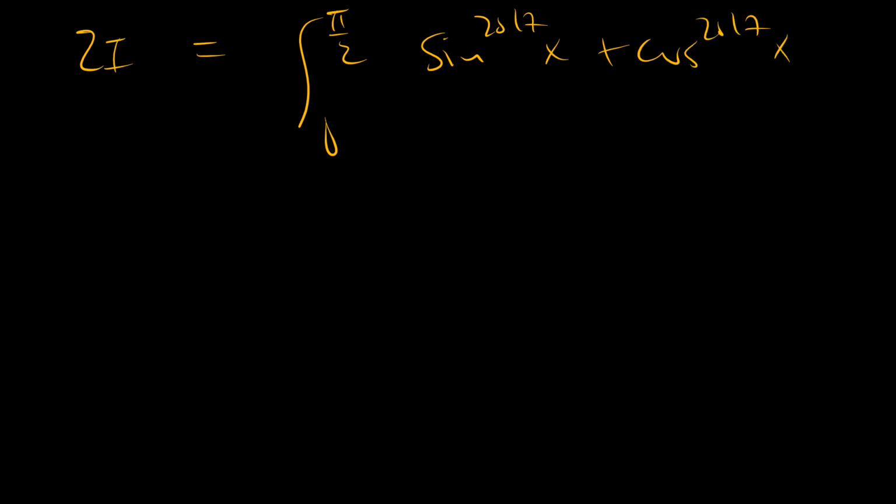So 2I will be equal to the same problem, sine 2017 x plus cosine 2017 x over cosine plus sine.